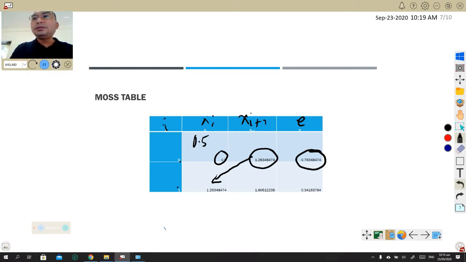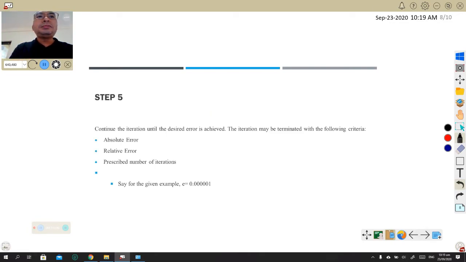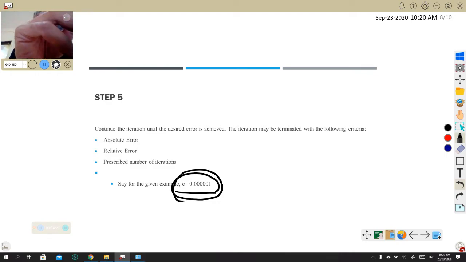So again, we will continue to perform the equation until the desired error is achieved. For this example, we need to arrive at an error which is equal to 0.00001.